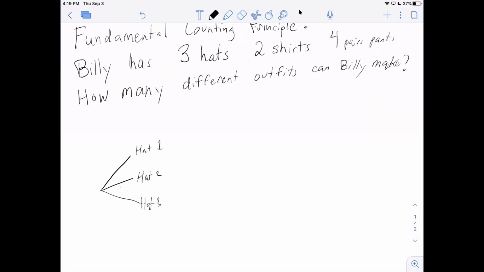And then after you pick the hat, you have another choice to make, which shirt. If you pick the first hat, you can do shirt 1, or you can do shirt 2. And the same thing on each of these: shirt 1, shirt 2, and the same thing here.